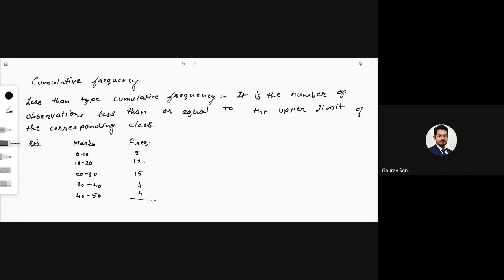So the total frequency is 40. From this, I have class intervals and frequencies, and with that we need to find the less than type cumulative frequency. Anyone?